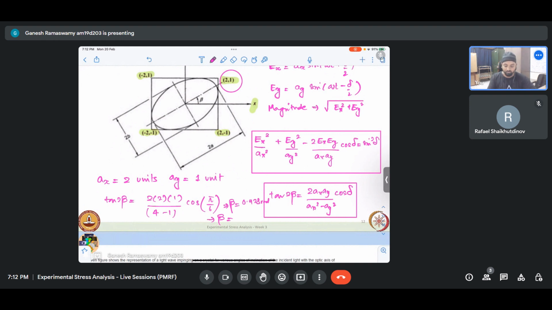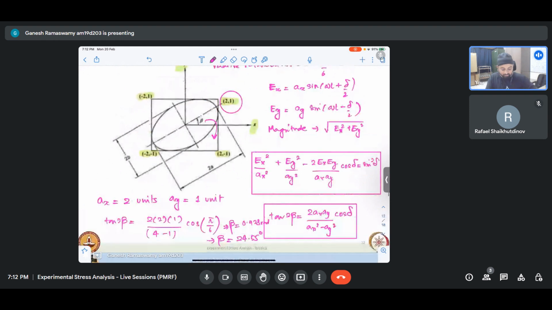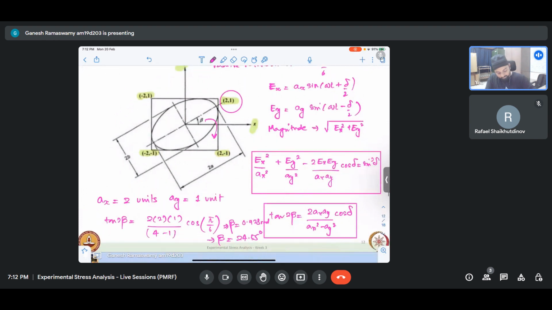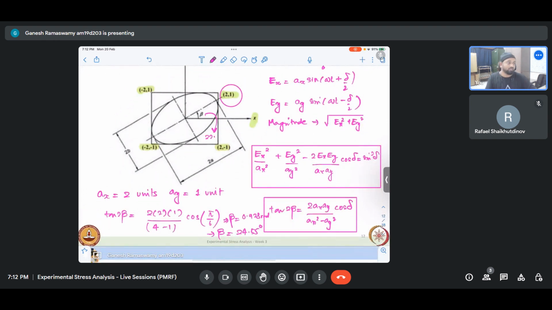So it comes to around 24.55 degrees. So for this case, when the retardation introduced is pi by 6, it is 22.5 degrees. I hope I did the math correctly.